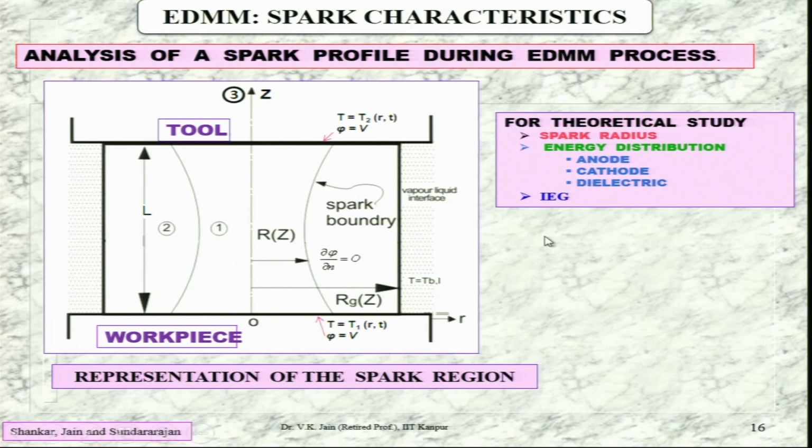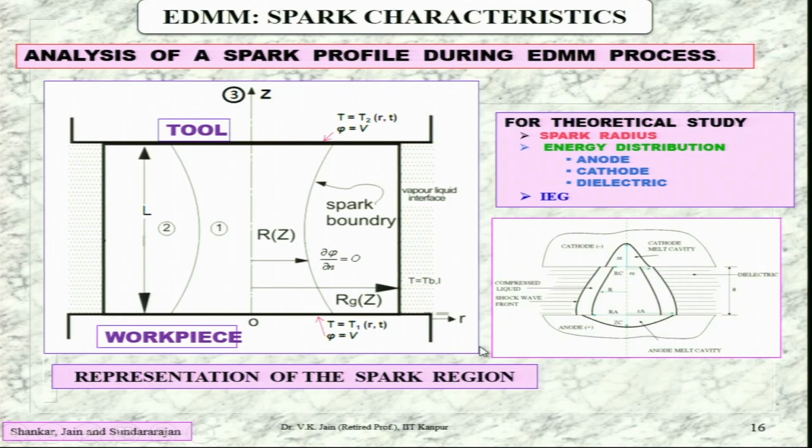So, all this should be known for analysis of the EDMM process, and this is the one which was done by Prem Shankar for the EDM process. Again you can see here, this is the cathode, this is the anode, and this is the compressed liquid shock wave, and this is the plasma channel.